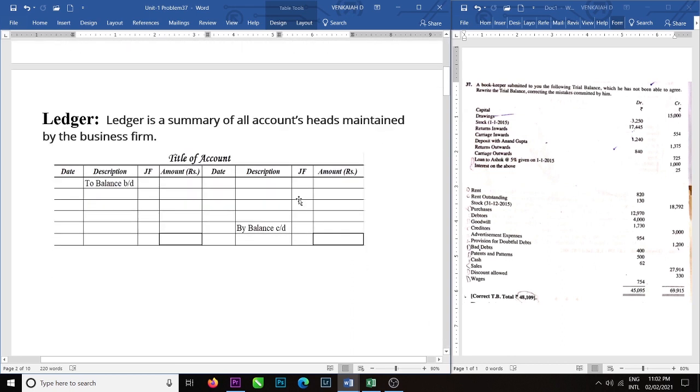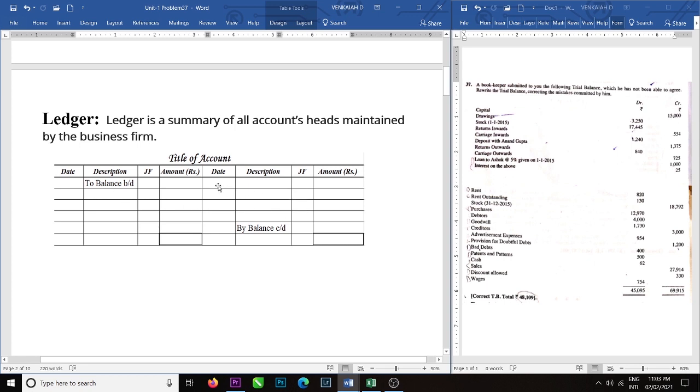Ledger account. It is a summary of all ledger accounts. All the total information pertaining to a certain ledger account is posted in that T-shape account, that is debit and credit.